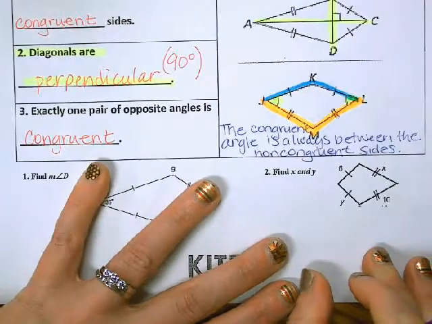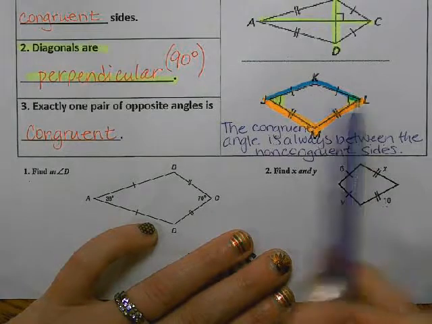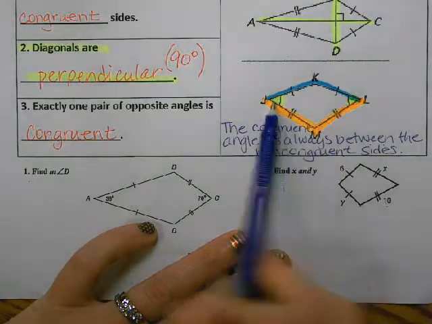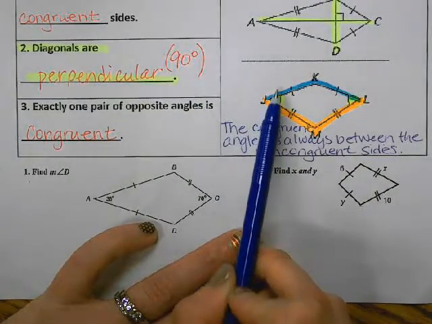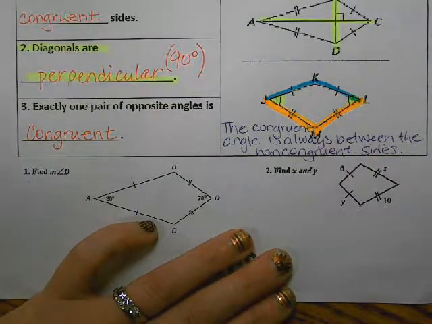The congruent angle is always in between the non-congruent sides. So I colored these two sides blue and these two sides orange, and my yellow angle is touching a blue side and an orange side. It's in between the non-congruent sides. Okay?